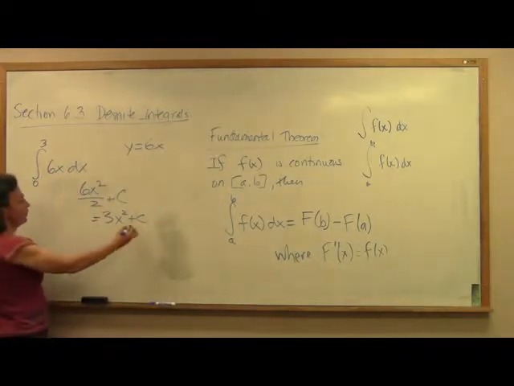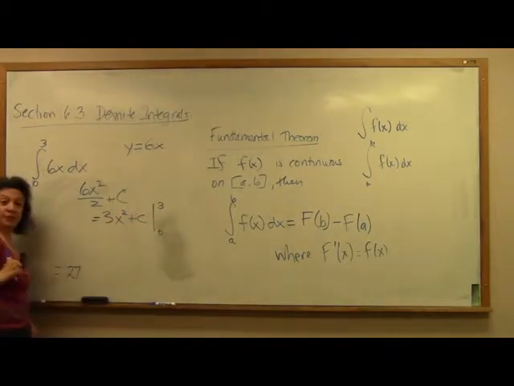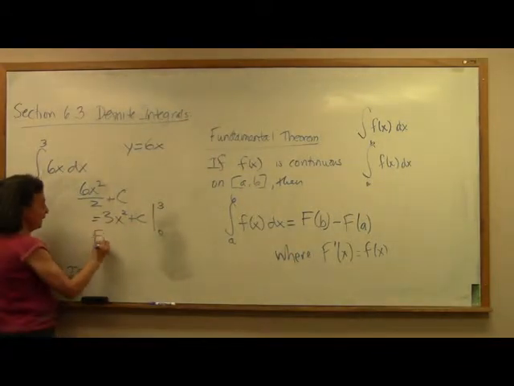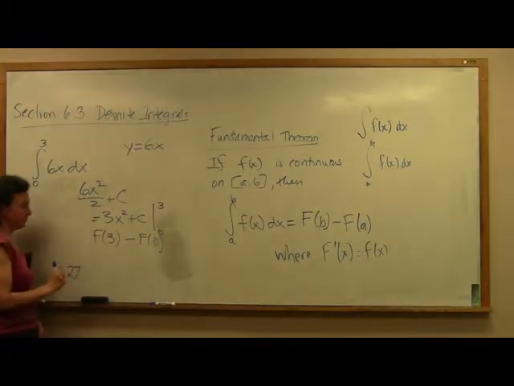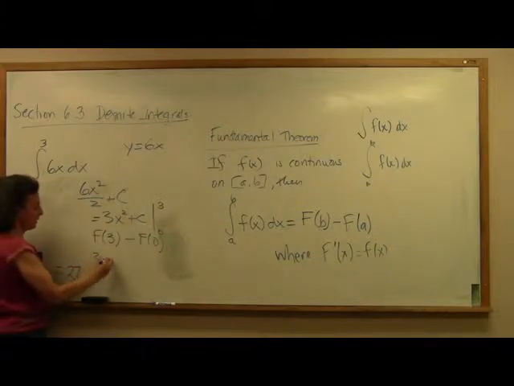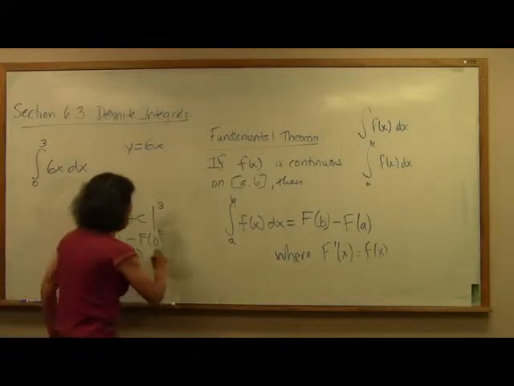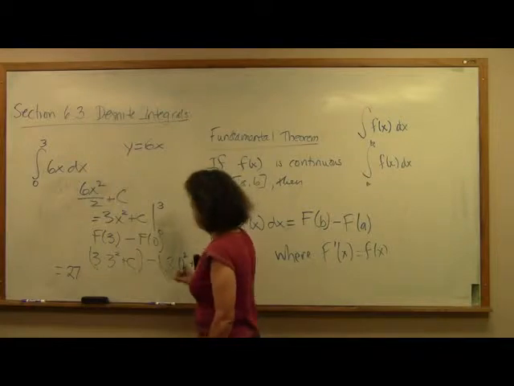The way I show that is by evaluating from 0 to 3. So we have F of 3 minus F of 0. I plug 3 in here, so I get 3 times 3 squared plus a constant, minus 3 times 0 squared plus a constant.